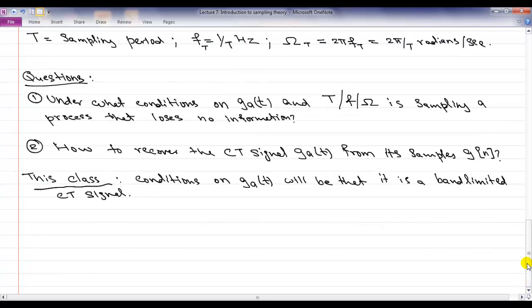So we'll fix that condition, and if we fix that condition, the only condition that we need to then address is what is the condition on my sampling time so that I don't lose any information.